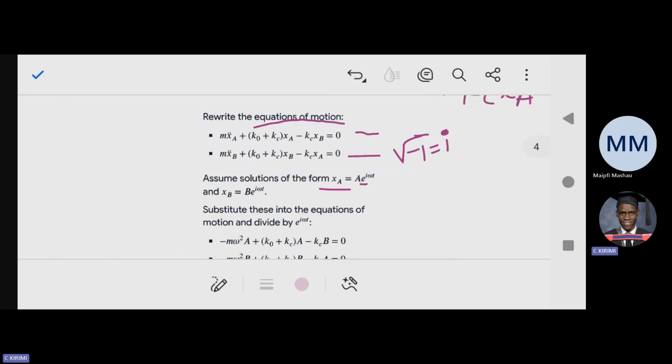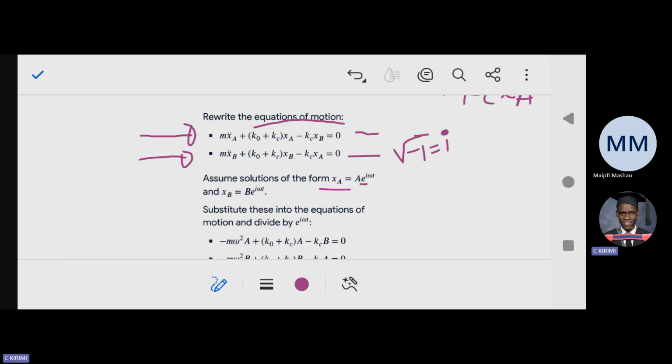Those will be the solutions that satisfy the two equations. For xa, it will satisfy the first equation. For xb, it will satisfy the second equation. If you put it back, you will find we get the answer 0.